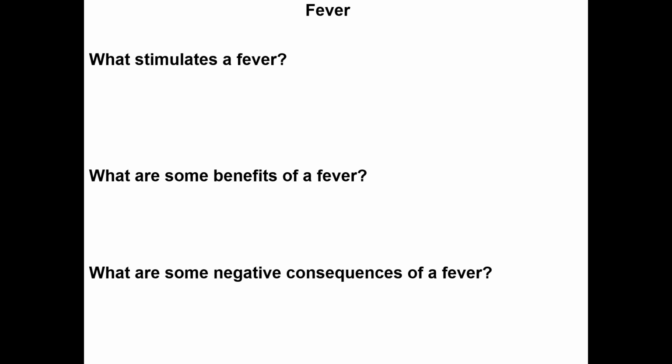You also stimulate your immune cells by increasing temperature. This basically primes them for a much more heightened response. So it speeds up the production of immune cells, it speeds up the process of phagocytosis.